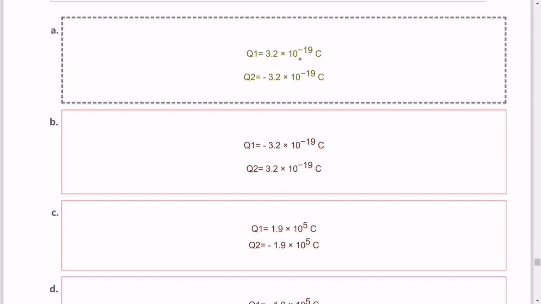So 3.2 times 10 to the power negative 19 coulomb is the magnitude of the charge.